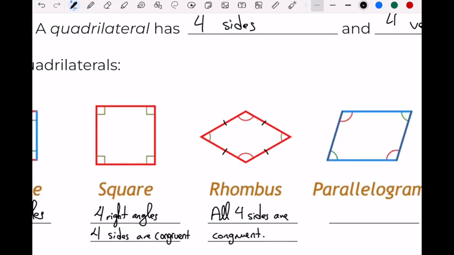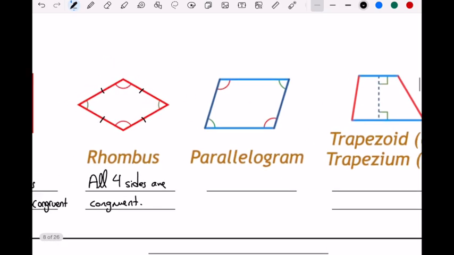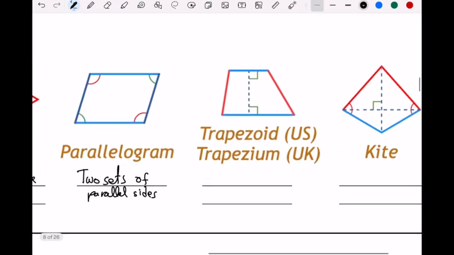A rhombus doesn't have to be a square, no? It is like a flattened square. A parallelogram has two sets of parallel sides. So this side is parallel to this side, and these two sides are parallel. In a trapezoid for Americans and a trapezium for Brits, these two sides are parallel and the other two are non-parallel.